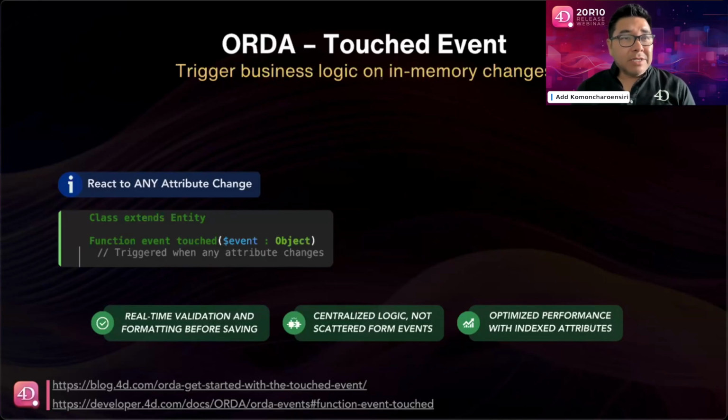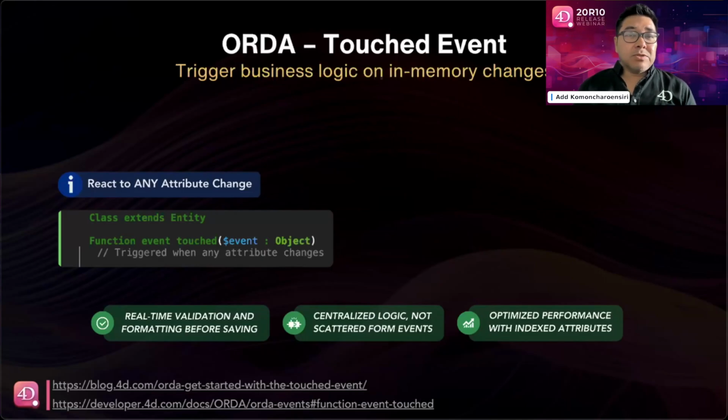So what does it benefit us? It gives us real-time validation and formatting before saving. It keeps things very clean. It allows you to validate and format input as soon as the entity is modified. It's centralized logic. Instead of scattering logic across multiple form events, you can now centralize it in the data class. It also allows for index query optimization.